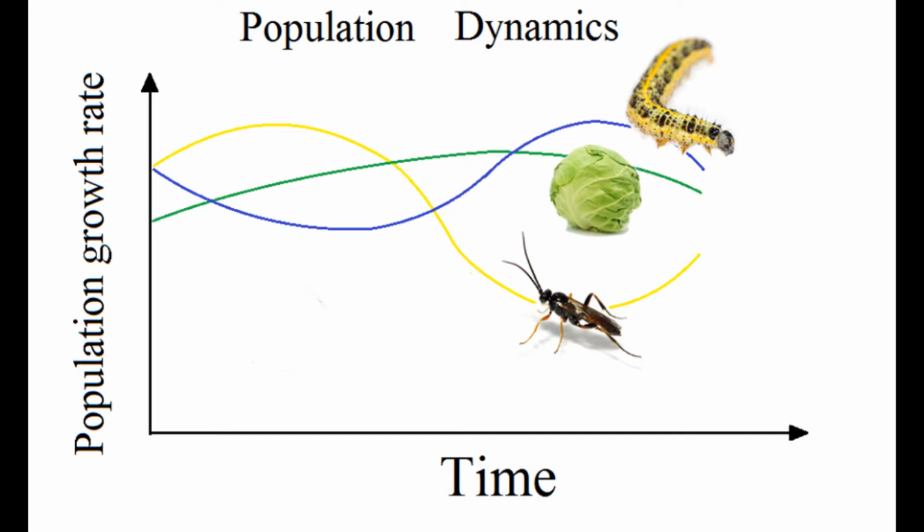Now, we can see that the increase in Cotesia glomerata will cause a decrease in the number of caterpillars. The decreased number of caterpillars will also cause an increase in the number of cabbages. This is most probably due to the decrease in caterpillars which feed on these cabbages as their food source.